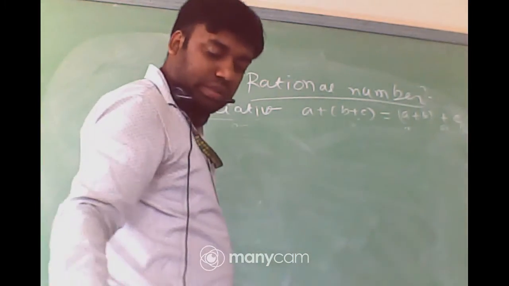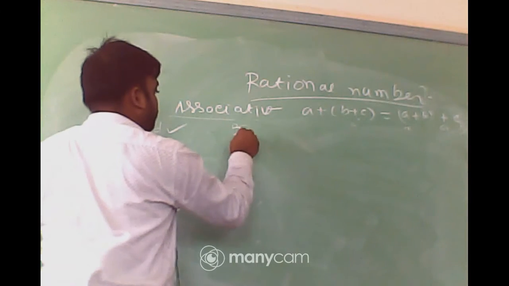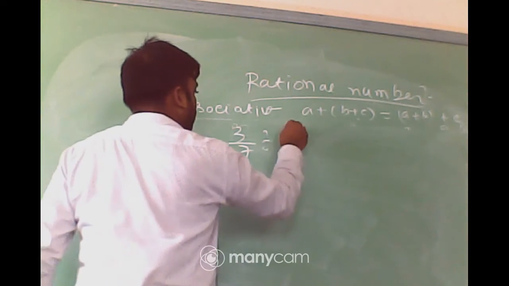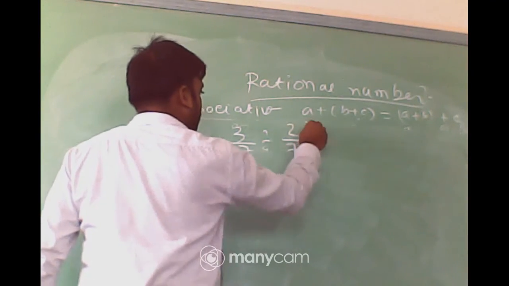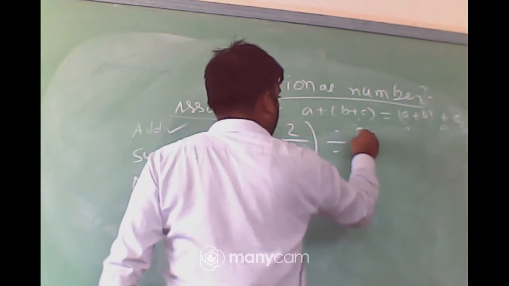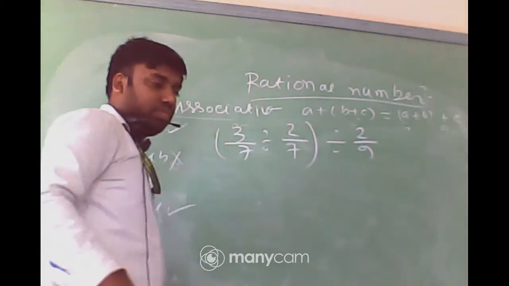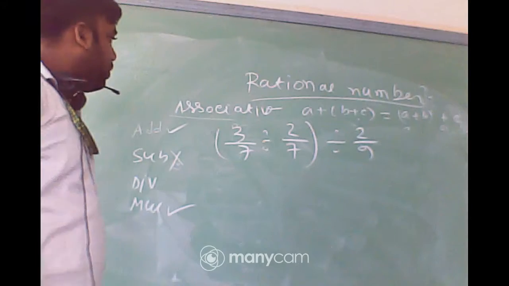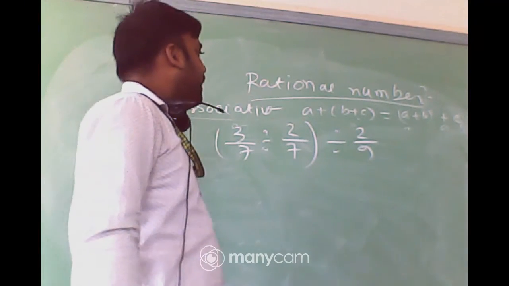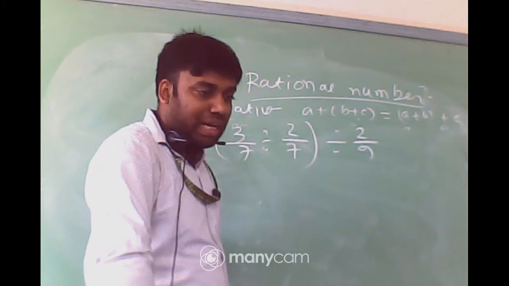Division. Tell me the answer. 3 by 7 divided by 2 by 7 divided by 2 by 9. What will be the answer? Quickly.